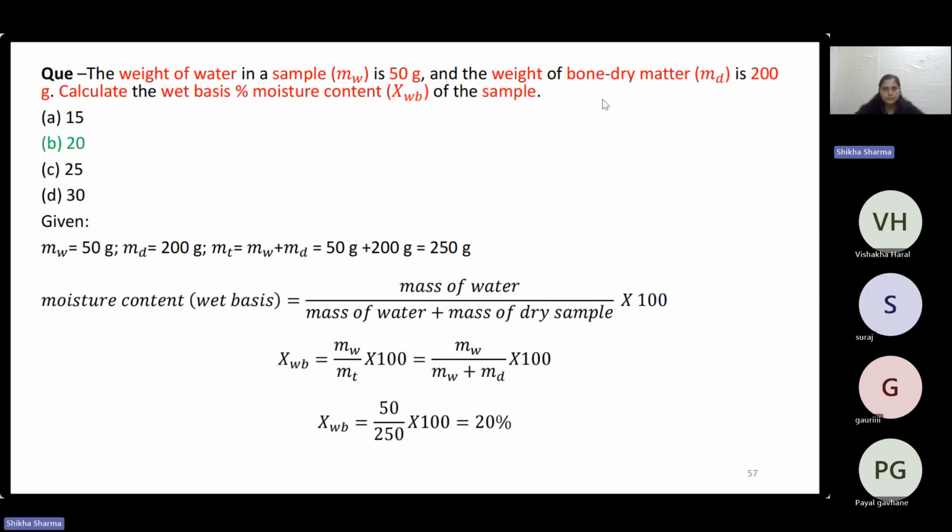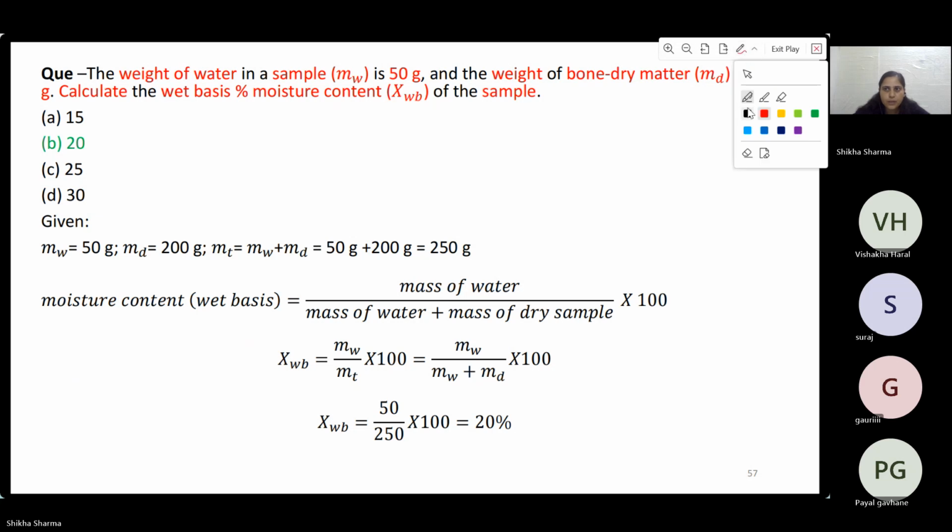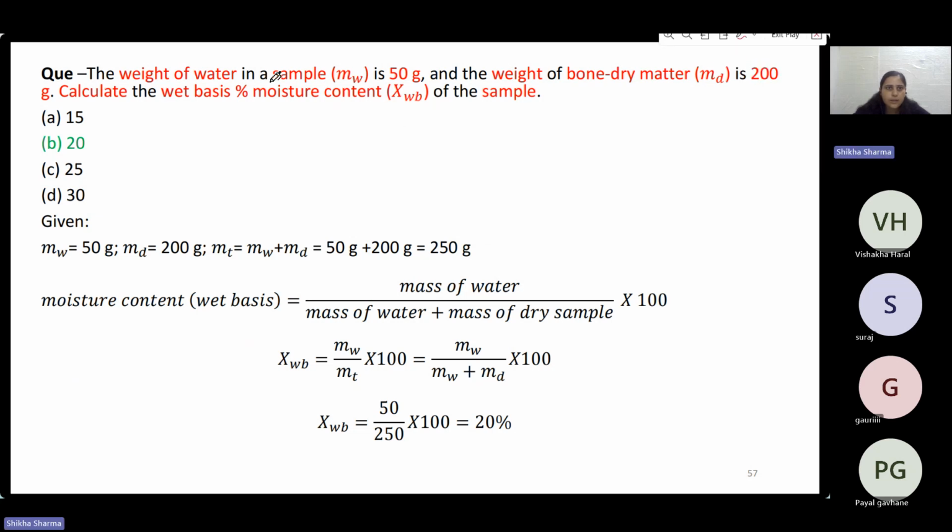Let's see the solution. It is given in the question that the weight of water in a sample is 50 grams and the bone dry, which is completely dried product, is 200 grams. And we need to calculate wet basis percentage moisture content.